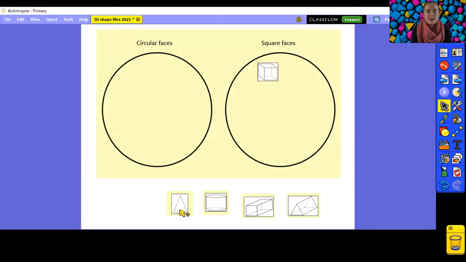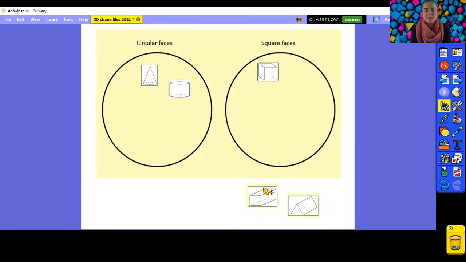Does my cone have a circular face? Yes. Does it have a square face? No. Does my cylinder have circular faces? Yes. Does my cuboid have circular faces? No. Does it have square faces? This one does. This cuboid has got some square faces on the ends of the cuboid.